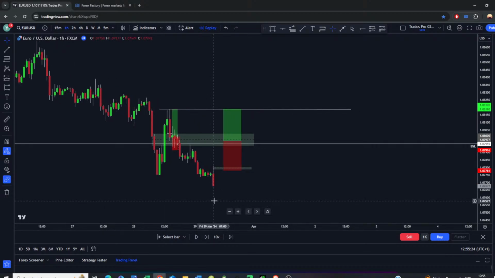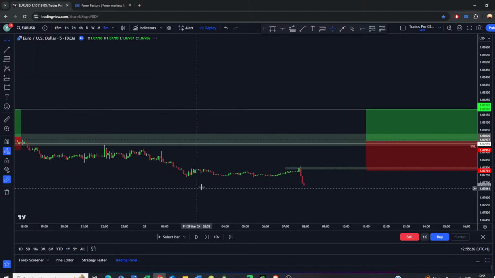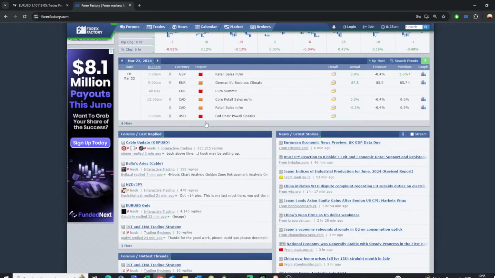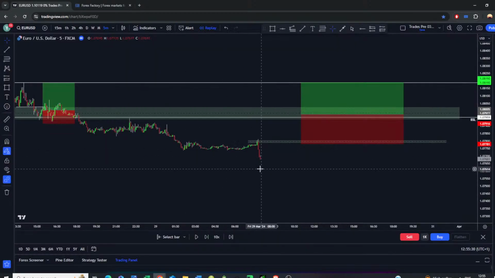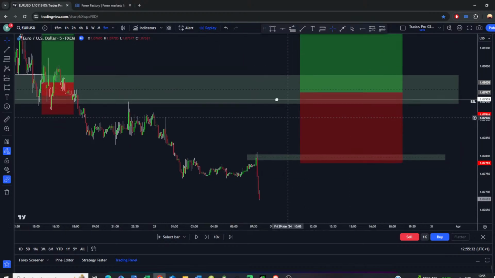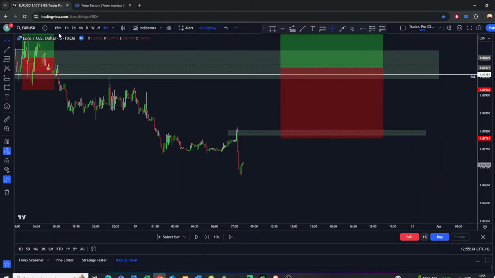And this is just high risk. A trade should be taken down there, if anything, after these retail sales news. Trade should be taken at the lows.